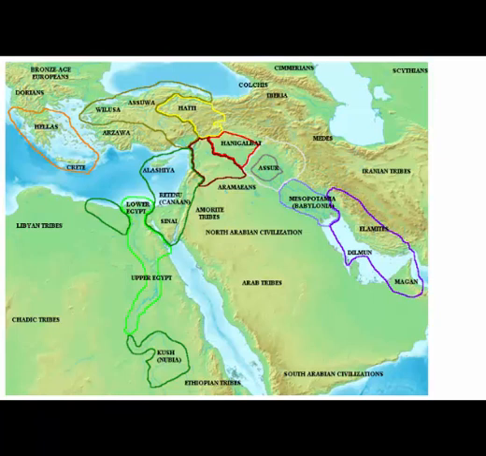Okay, now, heading to the east, we see that there are two great empires which we will be dealing with in our course. They're both centered around Mesopotamia. Mesopotamia is, of course, literally the Greek term for land between two rivers, the two rivers being the Tigris and the Euphrates.